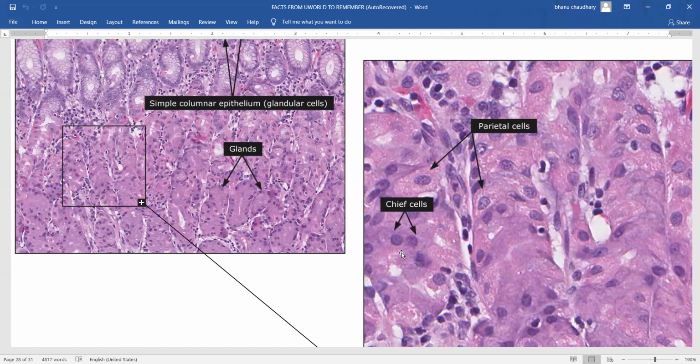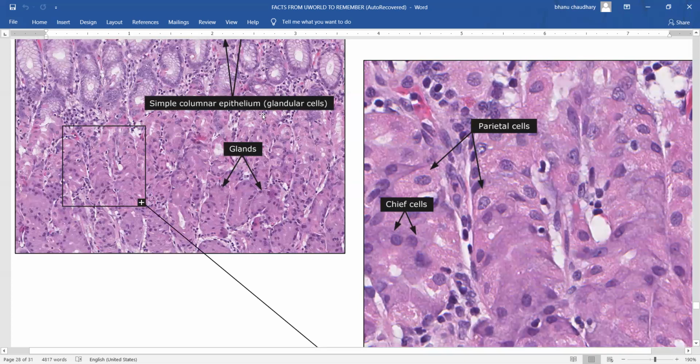You need to answer which cell is a parietal cell and which is the chief cell. You must know that chief cells are always much more in the deeper layers than the parietal cells. That is the first identifying feature. Second, chief cells are much more basophilic, more bluish, while parietal cells are much more eosinophilic, with a very granular appearance.